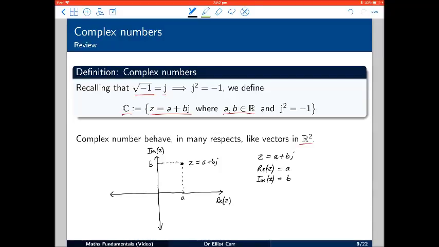This feels very much like a vector, because if we connect from the origin to our complex number, it feels very much like a vector z equals (a, b). So complex numbers and vectors behave in some respects very similarly.